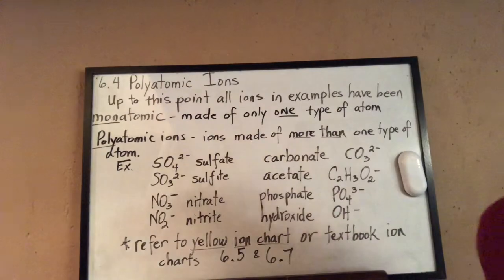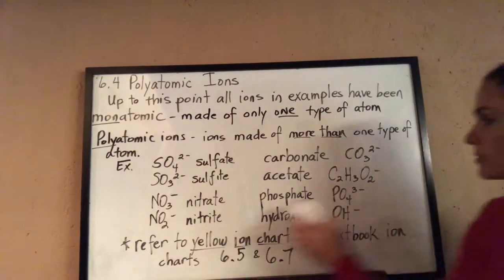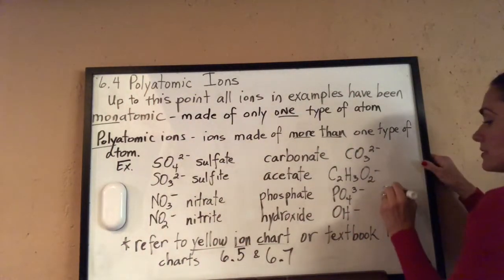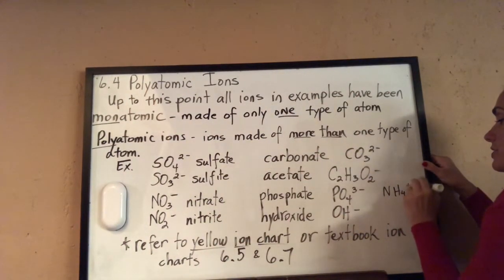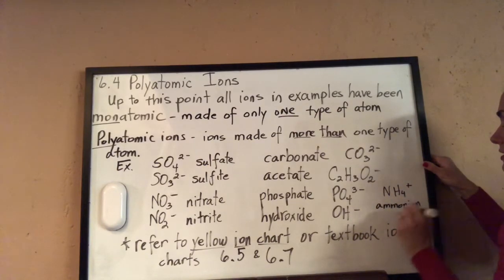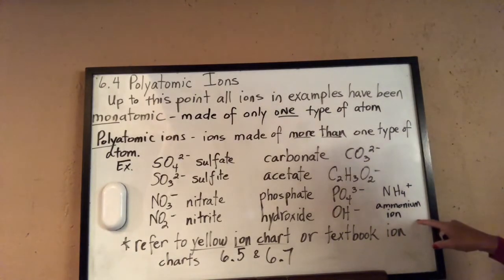Some other polyatomic ions I didn't list here on the board are included in the yellow ion chart. This is the ammonium ion, which obviously does not contain oxygen, but it is a polyatomic ion as well: nitrogen with 4 hydrogens.